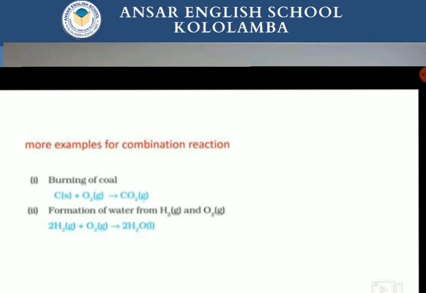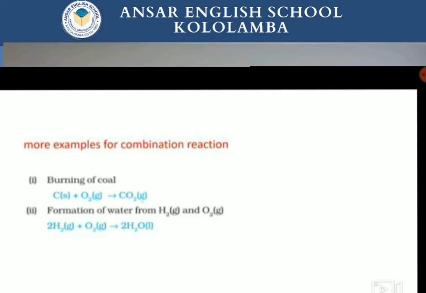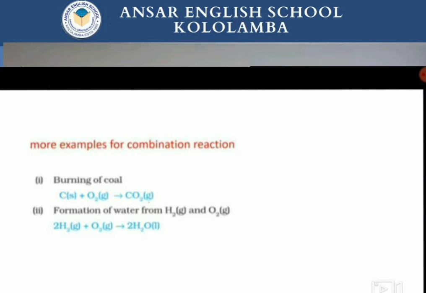We are taking 2 examples: burning of coal, and formation of water from H2 and O2. In the first example, burning of coal, carbon plus oxygen gives CO2. Carbon and oxygen combine together and form carbon dioxide.